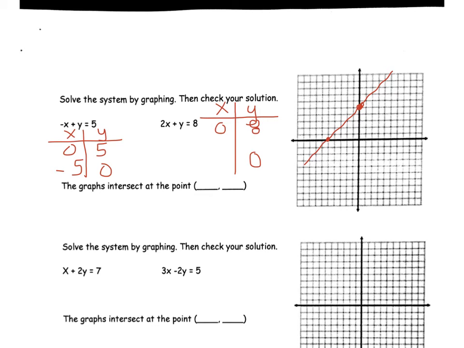When you put in 0 for Y, your X is 4. So let's do this. 0 for X, your Y is 8. And 4, 1, 2, 3, 4, 0.